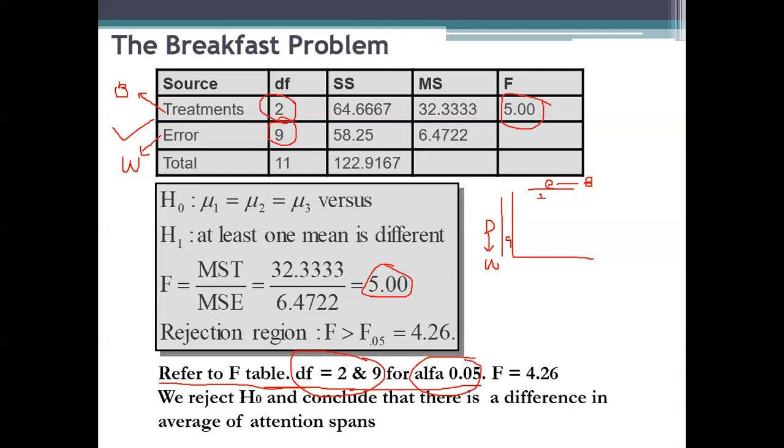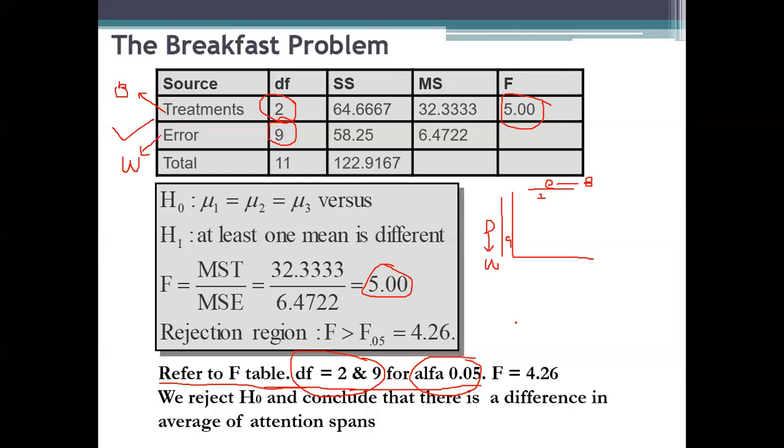Sometimes they want alpha 0.05, or maybe 0.01, because usually we use these two values, 0.05 and 0.01, as our cut-off point for significance level. So in this question, they want the alpha level of 0.05.